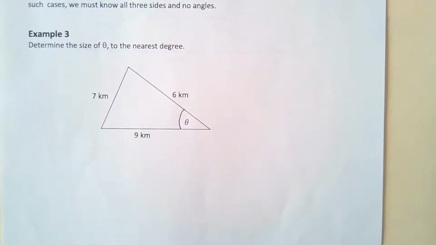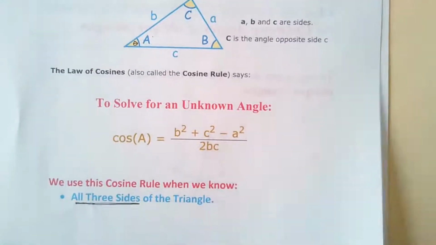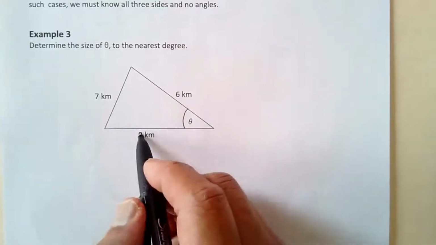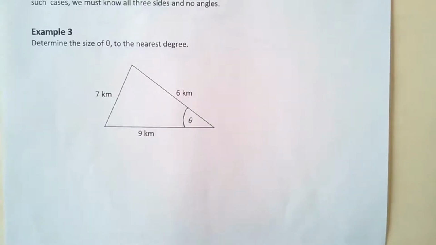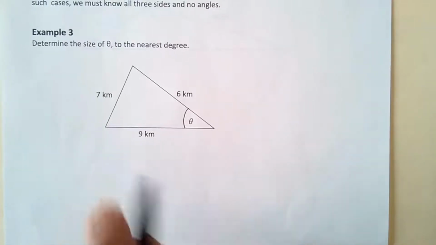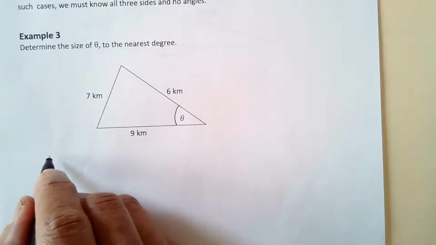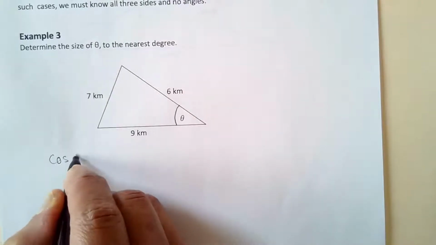Since we know all three sides, we're using the cosine law. The reason we're using the cosine law is because we know all of the sides. We record our cosine formula here, cos A.